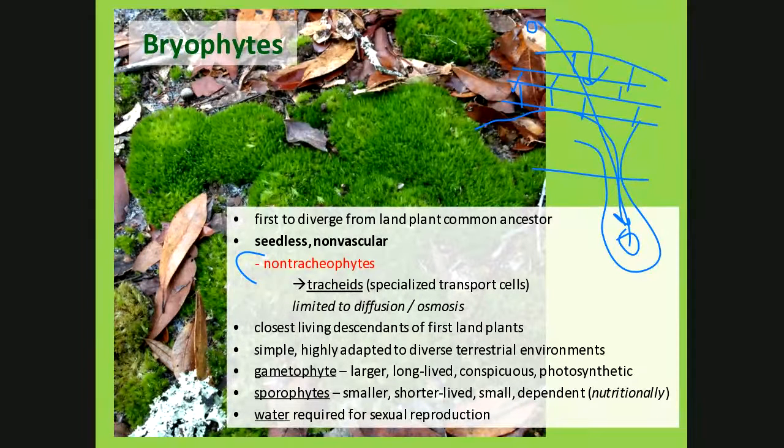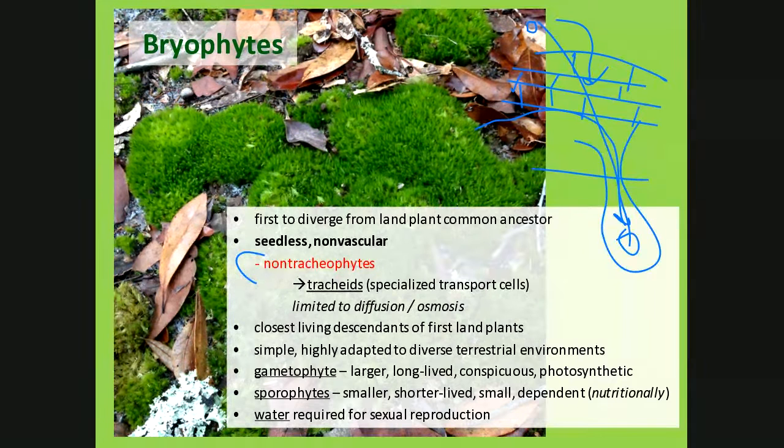Now, let me say something about when we use these words dominant and not dominant. It's not the same as when we're talking about genetics. It's not the same as when we're talking about behavior. Among plants, when we talk about which generation, and this goes back to what I've been talking about with that alternation of generation, where you have two multicellular generations, when we're talking about dominance in this context, what we're talking about is the stage that's the most obvious, right?